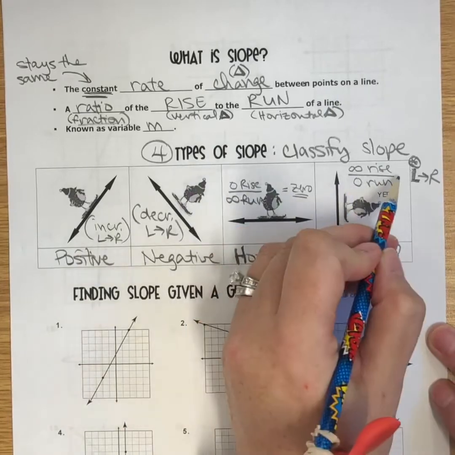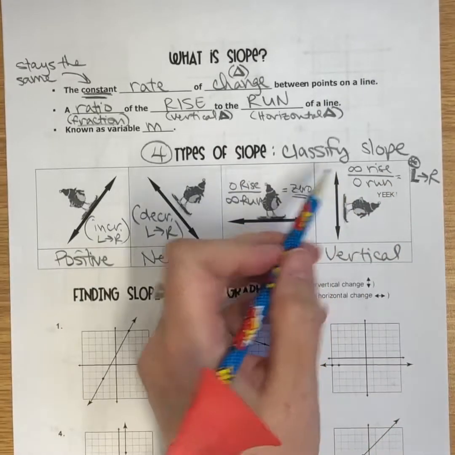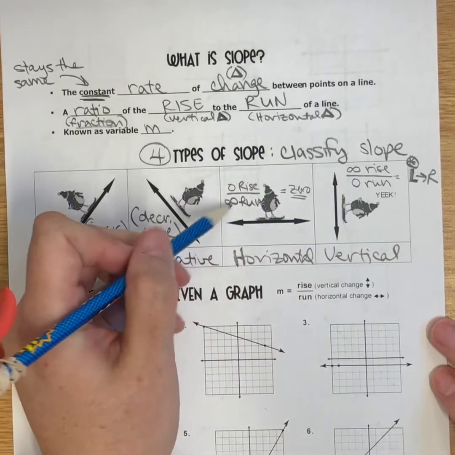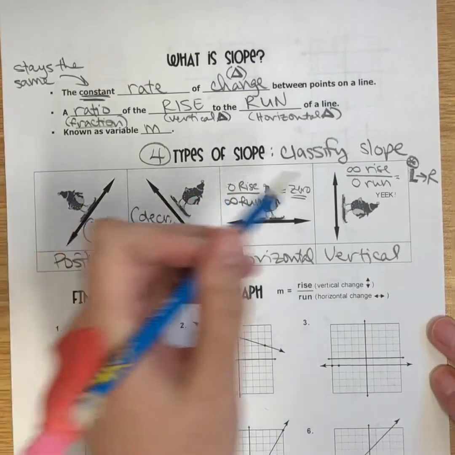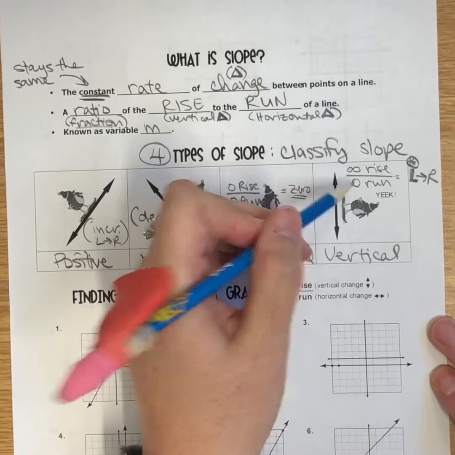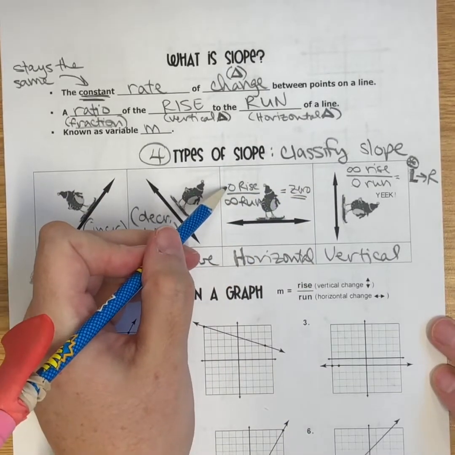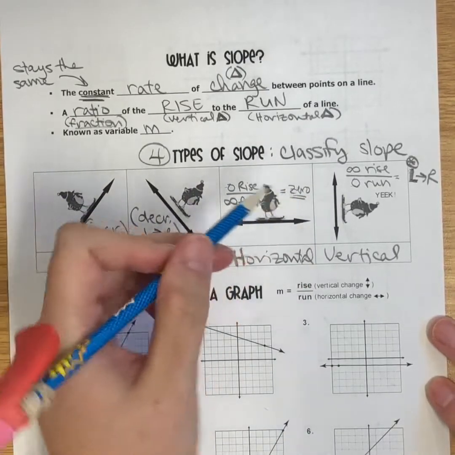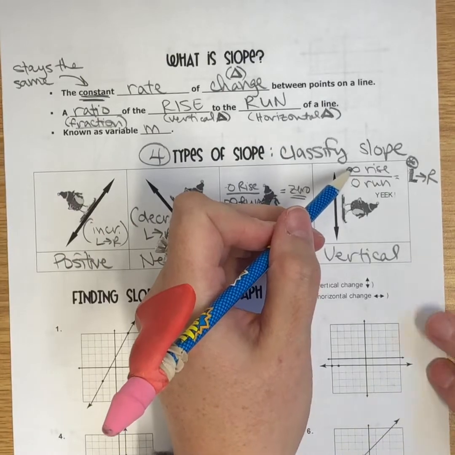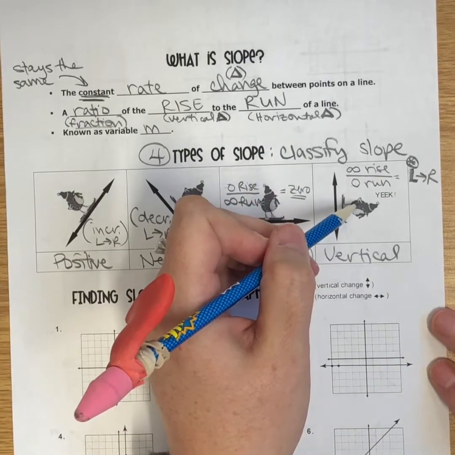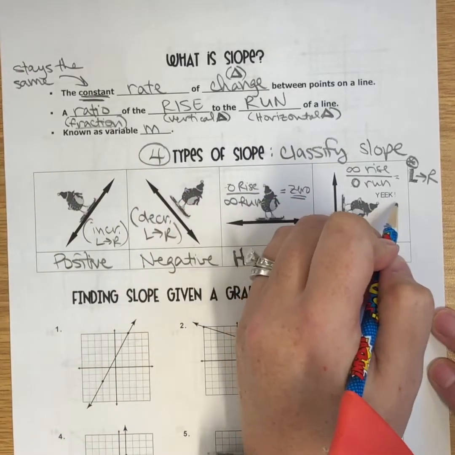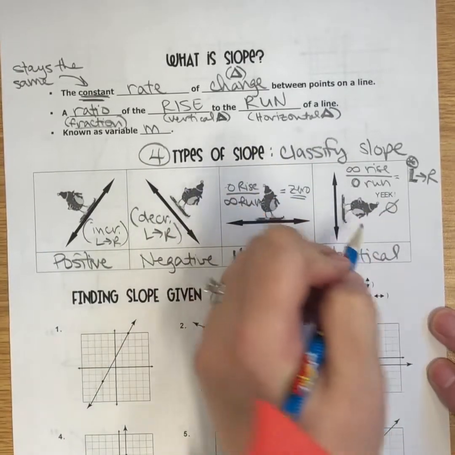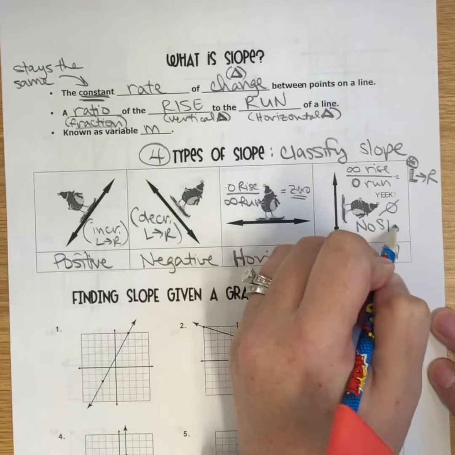Well, if you remember from elementary school, the difference between these two ratios, 0 divided by some number or some number divided by 0: you can divide 0 by anything and it equals 0. But you cannot divide any number by 0, because there's no groups you can make. So this is no solution, or you can call it empty set, or you can say that there's no slope.